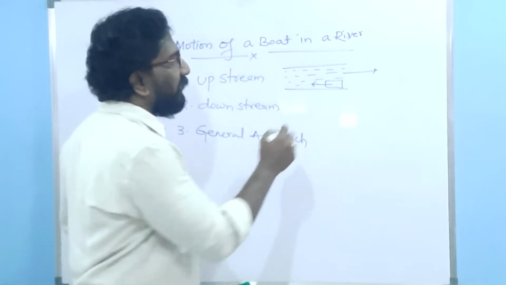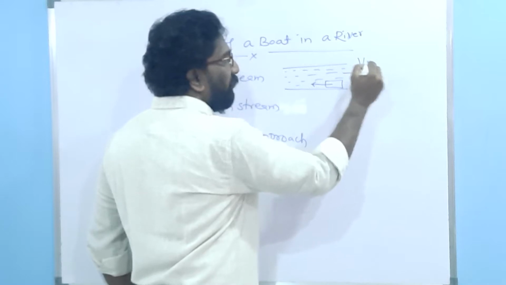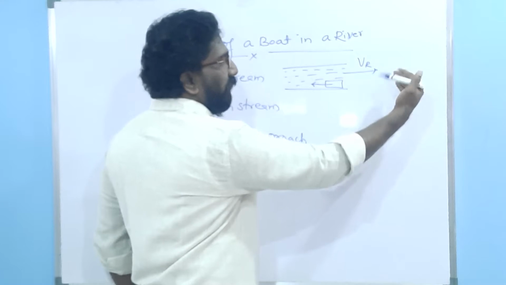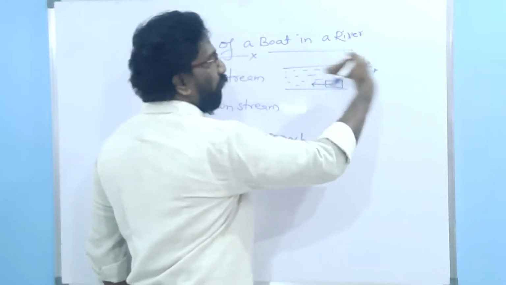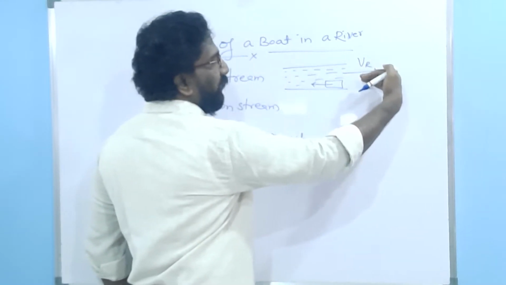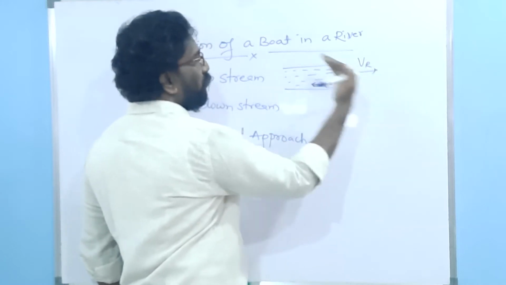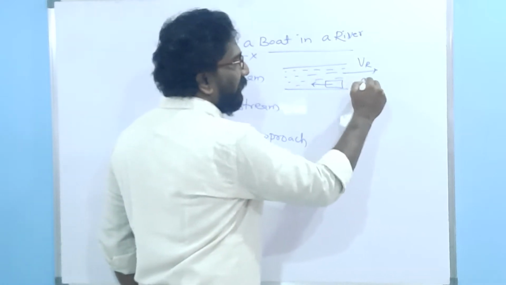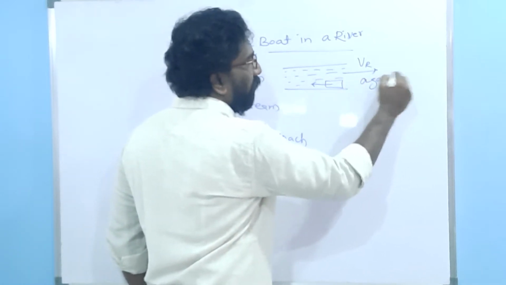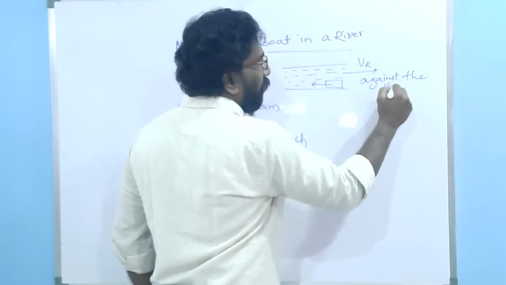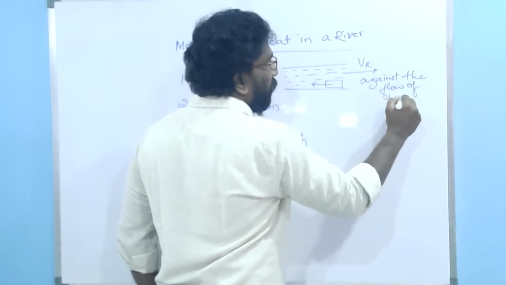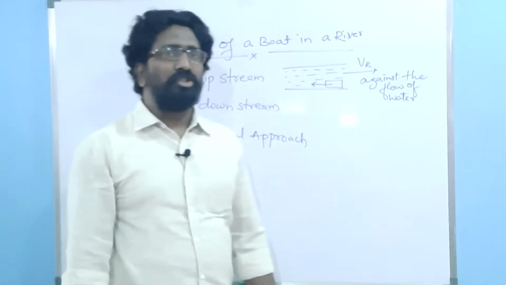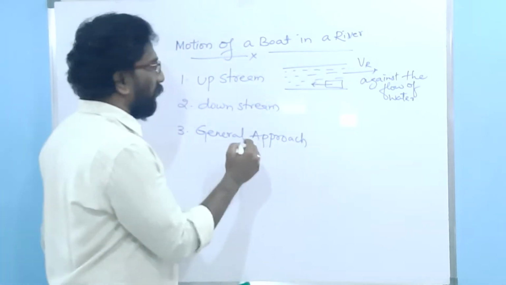Upstream motion means if the water is flowing from left to right, and the boat is moving against the flow of water, then the motion of the boat is upstream. If a boat is traveling against the flow of water, we call it an upstream motion of a particular boat. Now coming to the next one, downstream.